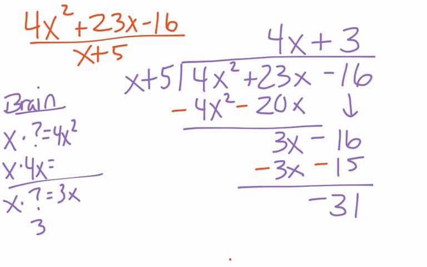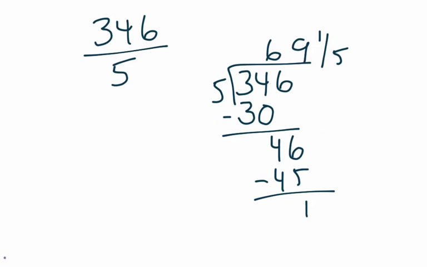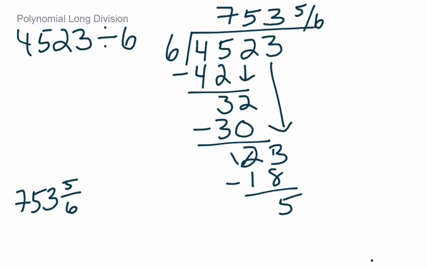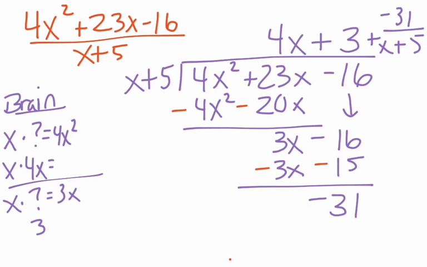And we're going to do the mixed number. So we are going to do plus negative 31 over x plus 5, which is what we did in this problem. We took our remainder and we put our remainder over it. Now, this we didn't need to do the plus because it was all numbers, and so we know what mixed numbers are. But with your polynomial, you have to do a plus. You could also do this.